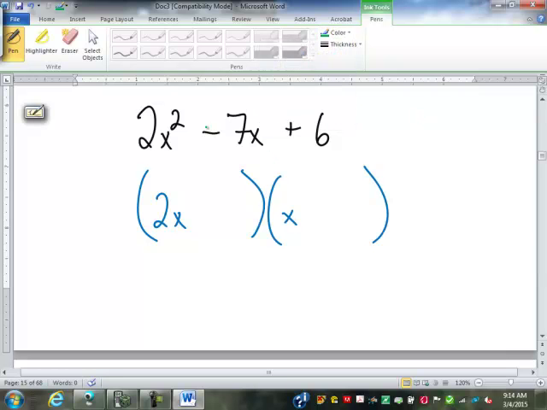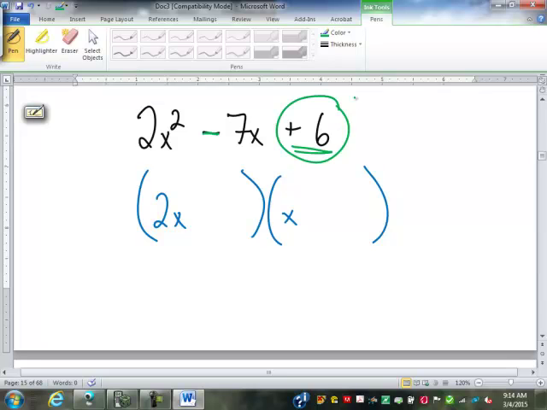Now this is negative, which means these are still going to be negatives. This is positive, which means they're both positive or both negative. So that tells us they're going to both be negative, right? Because to get a positive number here, they either have to be both positive or both negative to multiply up to a positive.